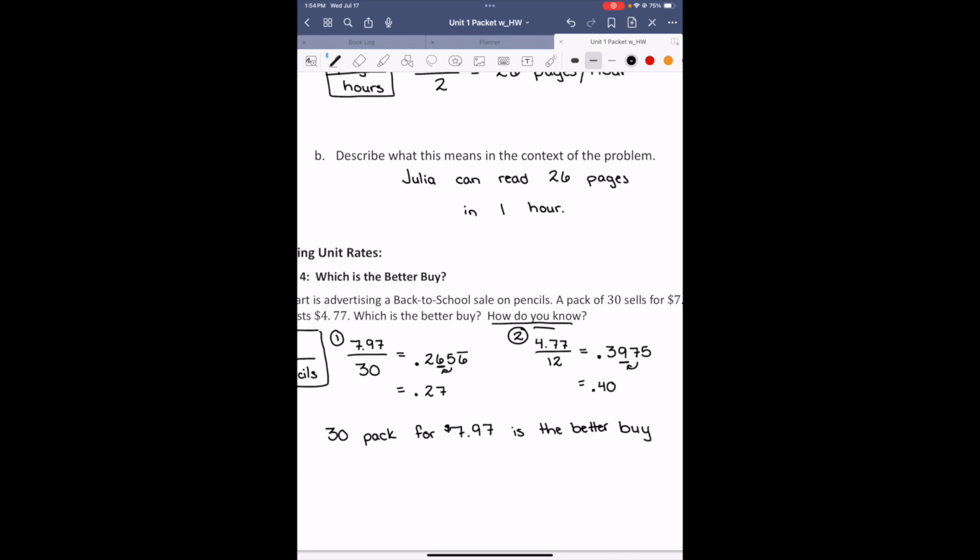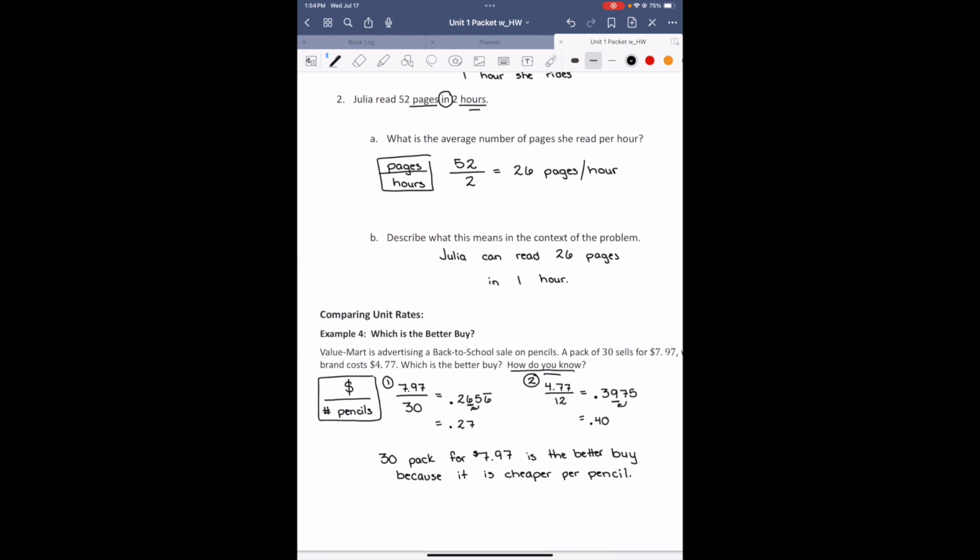Well, we know this because it is cheaper per pencil. And our math proves that. Okay, on to the next page.